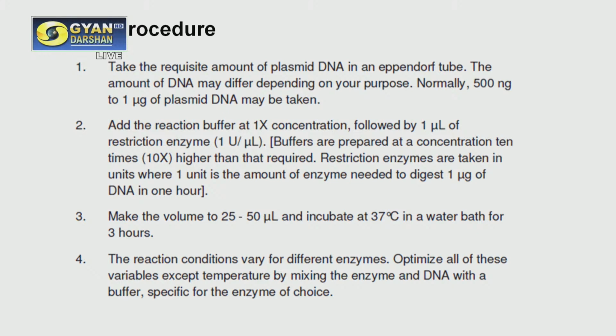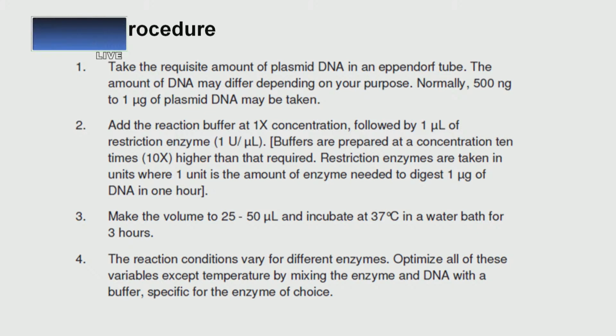Then you have to add the reaction buffer. Normally the buffers are available in 10x concentration, and you have to use it at 1x concentration. So if you have a reaction mixture of total volume 50 microliter, you have to take 5 microliter of buffer because it is 10x and you have to use 1x.